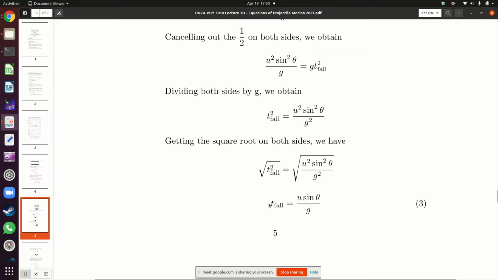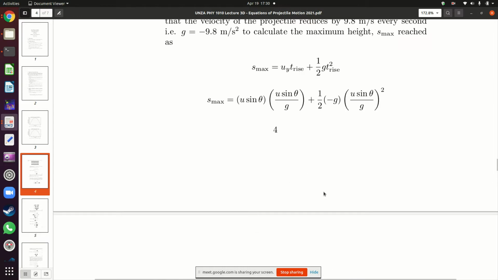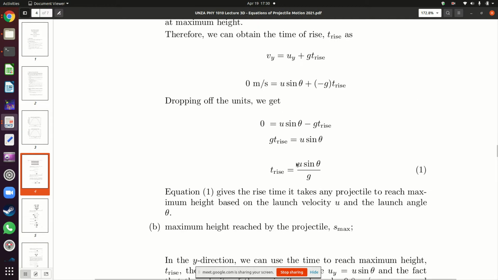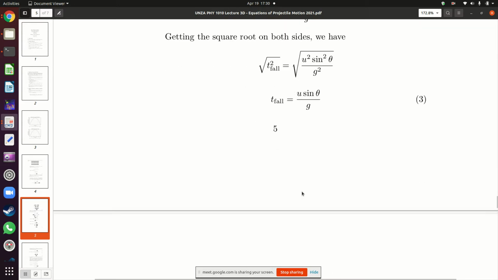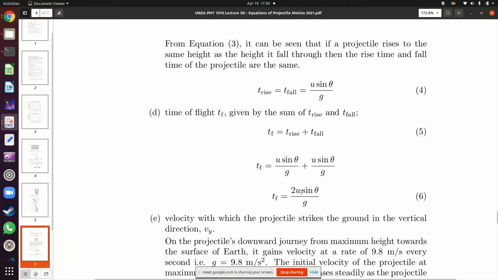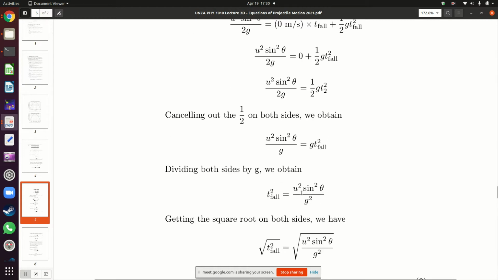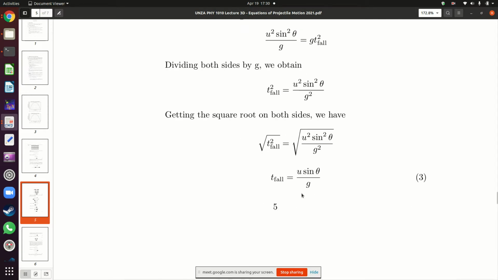This fall time is the same as the rise time, u sin theta divided by g. The reason it's the same is, first and foremost, the distance they cover is the same, and also the acceleration is the same.